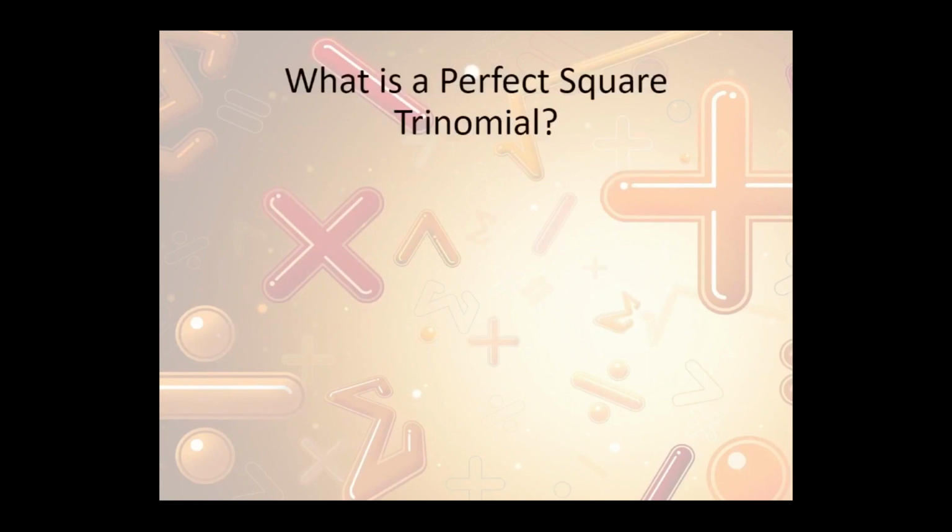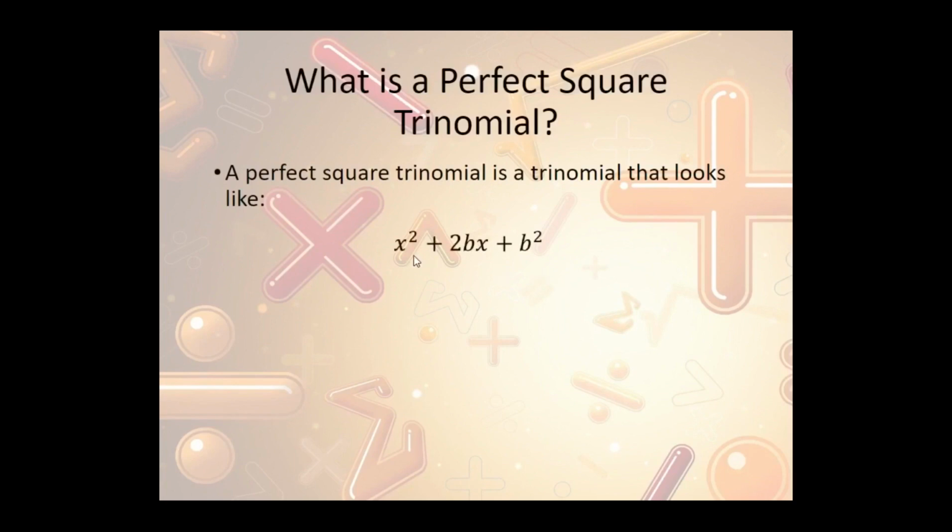Now, what is a perfect square trinomial? A perfect square trinomial is a trinomial that looks like this: x squared plus 2bx plus b squared. So b is some value, actually a constant, and the middle number should be exactly double it. An example of this would be x squared plus 6x plus 9.